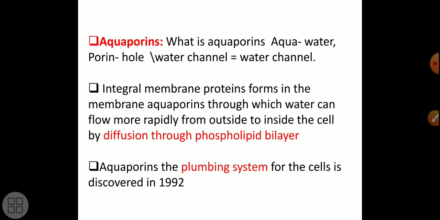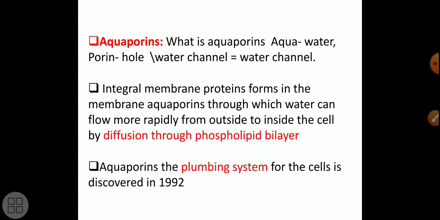Friends, I usually say that to understand the meaning of a word, you have to apply a principle: divide the word. So suppose we divide this word aquaporin into two parts, aqua and porins.